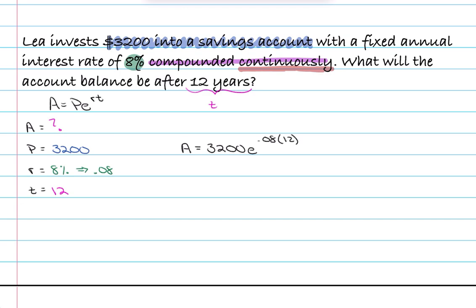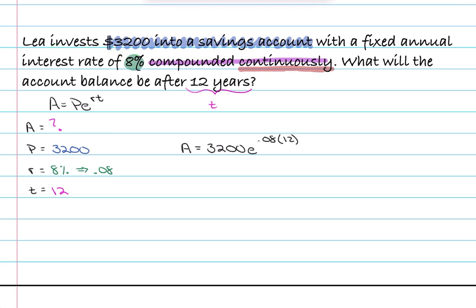Okay, so I replaced all of my letters with the values that I found within the problem, and it might take you reading the problem 1 or 2 times. That's okay. All right, just look for interest, look for a percent symbol for your interest rate. Look for how much are you starting with, how much are you investing, those kinds of things to help you.